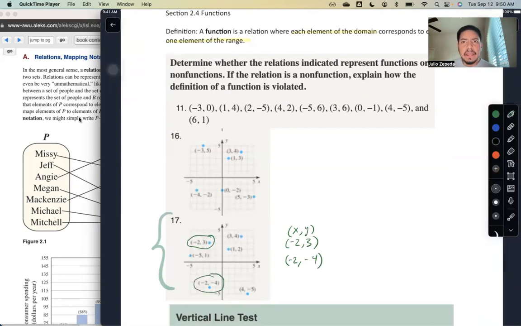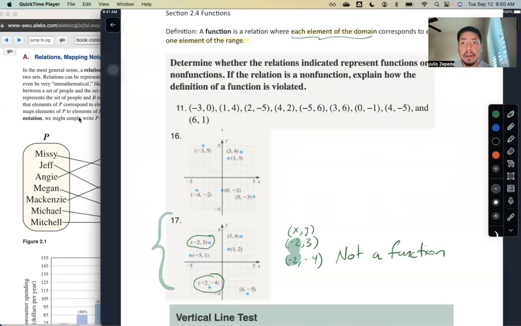And so you see that there is an element of the domain, -2, right there, that corresponds to not exactly one element of the range, but two different elements in the range, 3 and -4. And so this would not be a function, since there's an x value that is paired with multiple y's.